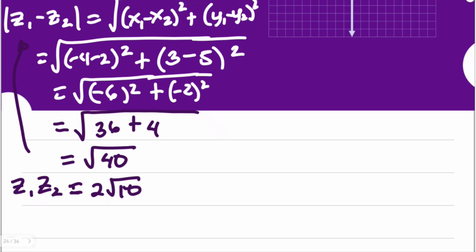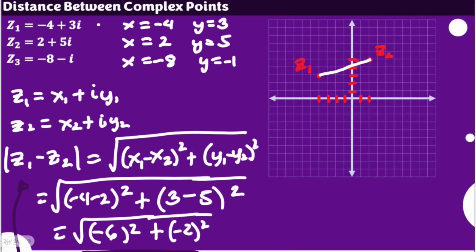Now let's plot z sub 3, which is at negative 8 and negative 1.